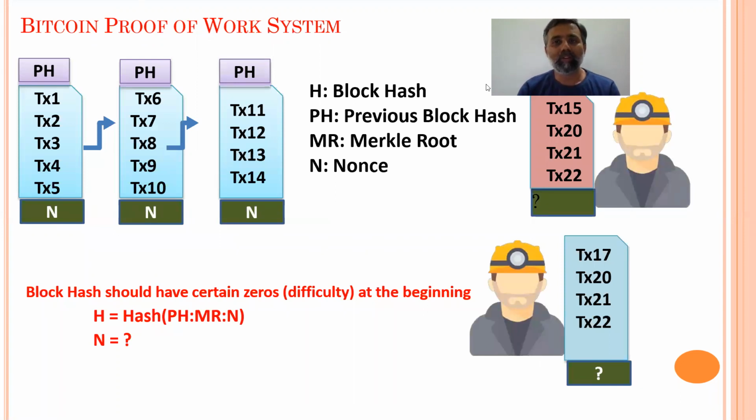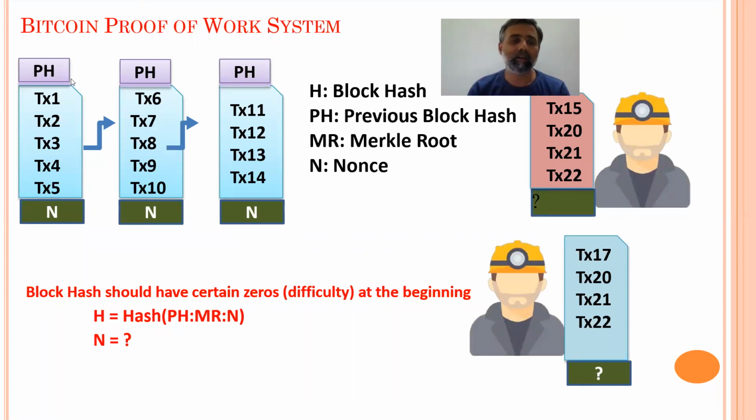Now, suppose we take the Bitcoin proof of work system again, for difficulty, we can take this block hash mechanism.